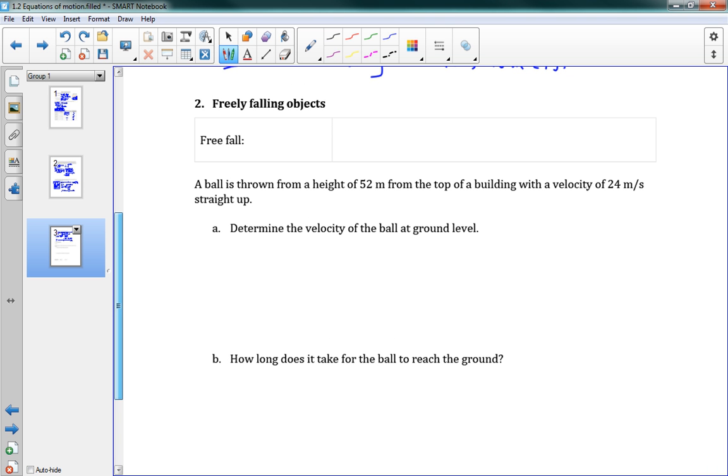Okay, but we're on to the last topic here, free fall. So free fall is the motion of an object where the only force is gravity.